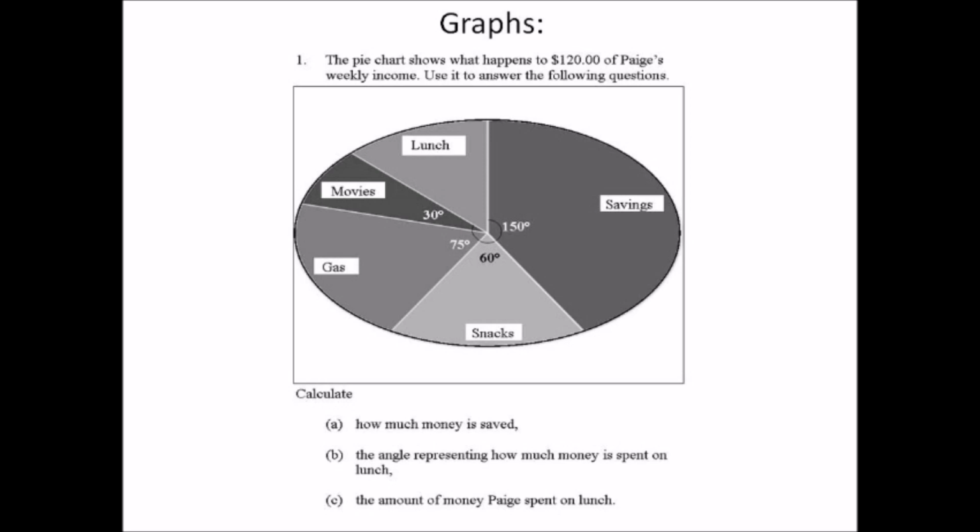Remember, the total amount of money was $120, and use the sector angle and the number of degrees in a circle and the amount of money in order to work out the answers that you need for each sector. Not a very difficult question. You should be able to handle that.